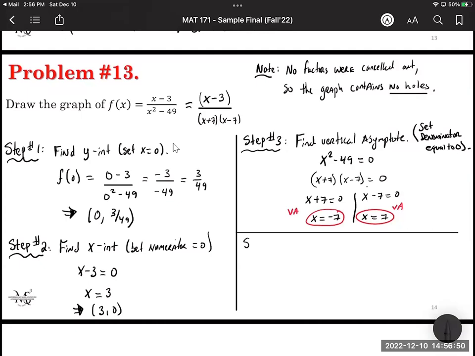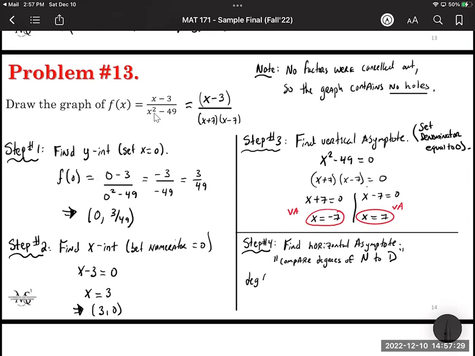Now we just got to do step 4. Well, after you find the vertical asymptote, you find the horizontal asymptote. The way that you find the horizontal asymptote is that you compare the degrees of the numerator versus the denominator. Okay? Compare degrees of n, the numerator, to d, the denominator.